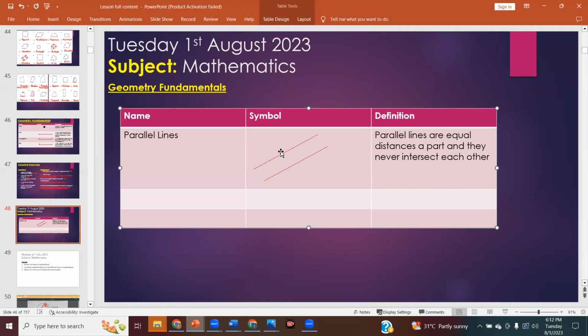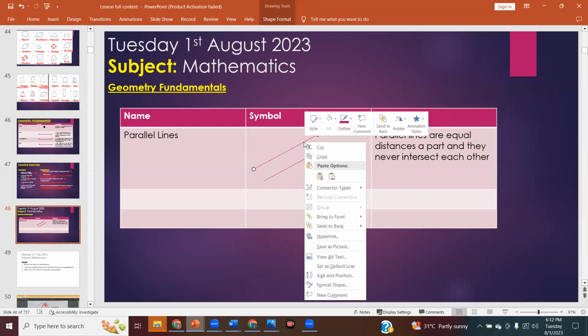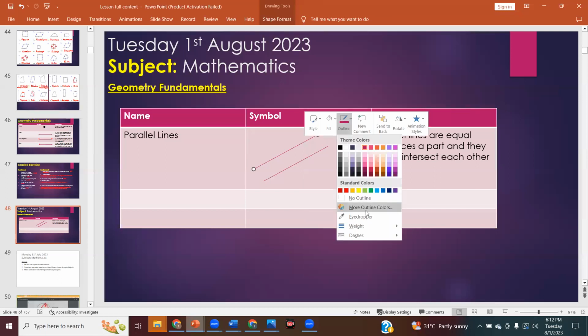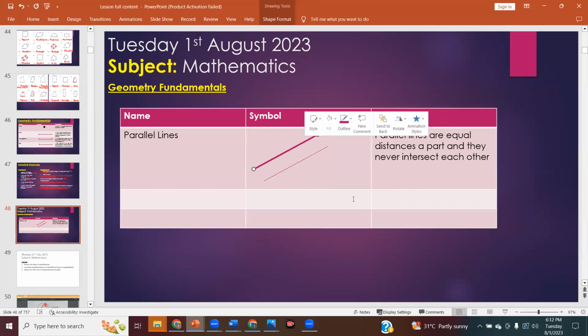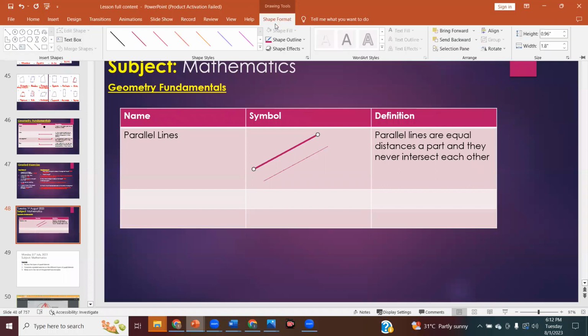Here is an example of two parallel lines, two lines that are parallel to each other. Oh, I forgot to put the arrows on these. You need arrows for your lines.